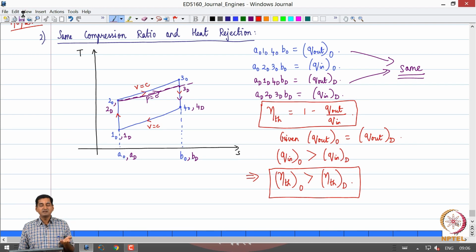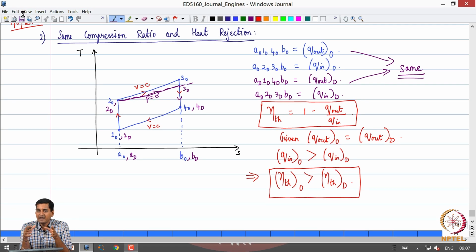But as we will discuss when we look at the actual combustion process, the phenomenon of knocking typically restricts the maximum compression ratio in petrol engines or gasoline engines. So, we are not going to have the same compression ratio in gasoline or spark ignition engines when we compare them with diesel engines.